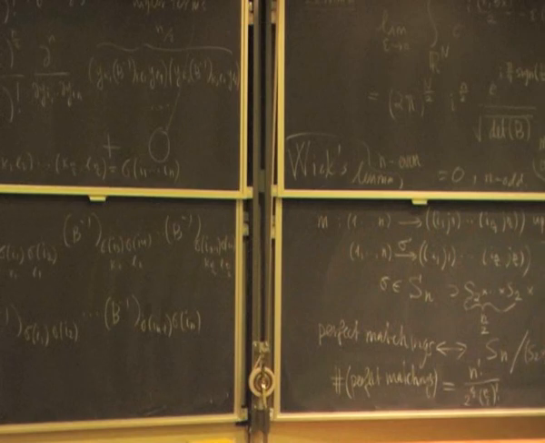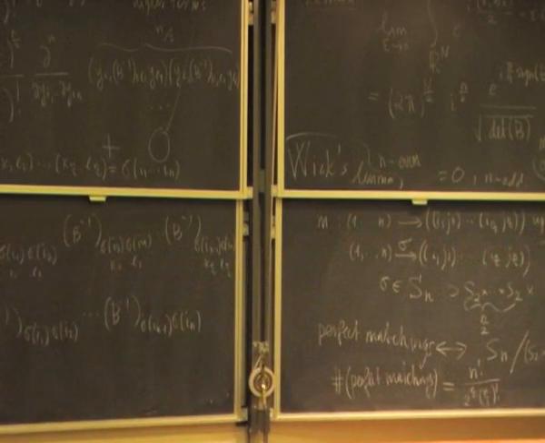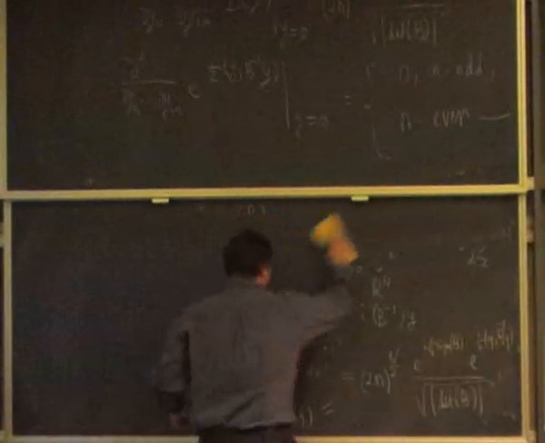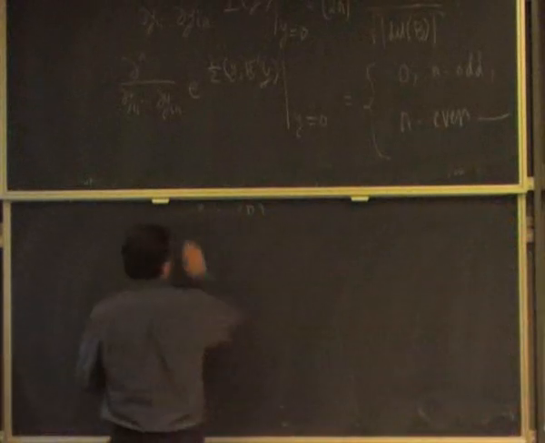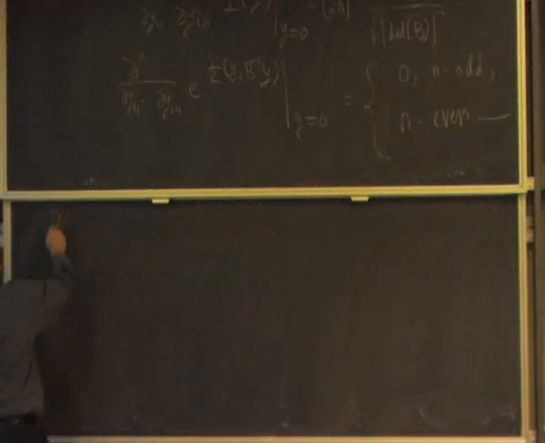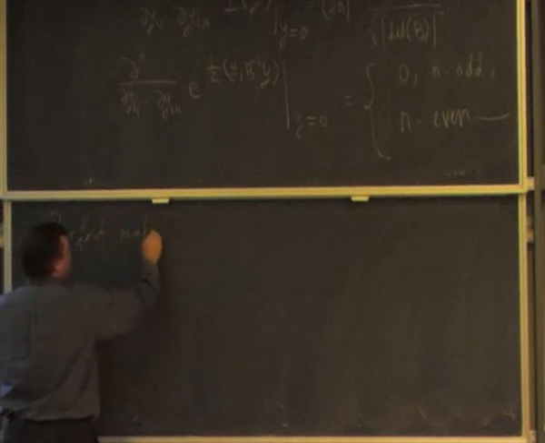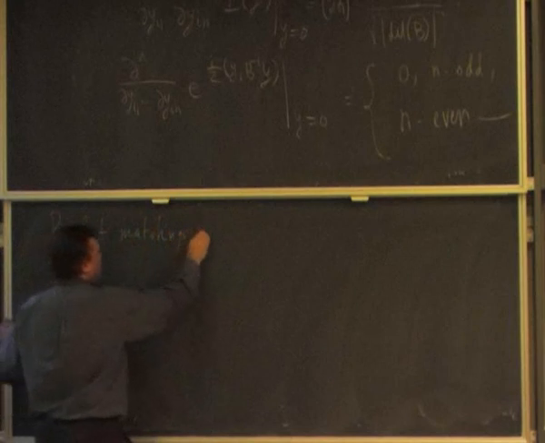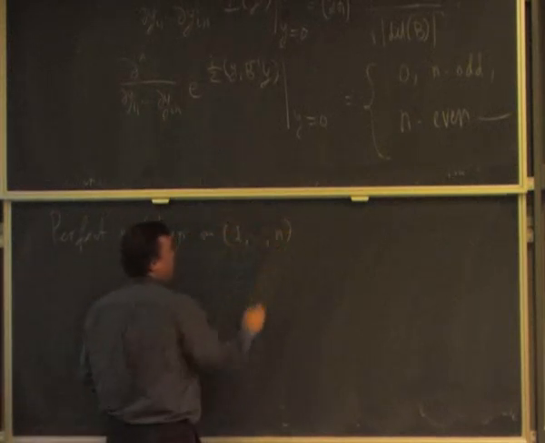Okay. Now, it's very convenient to think about this statement, to express the monomials in this formula in terms of diagrams. So how do you think of perfect matchings on the set, say, 1 to n?